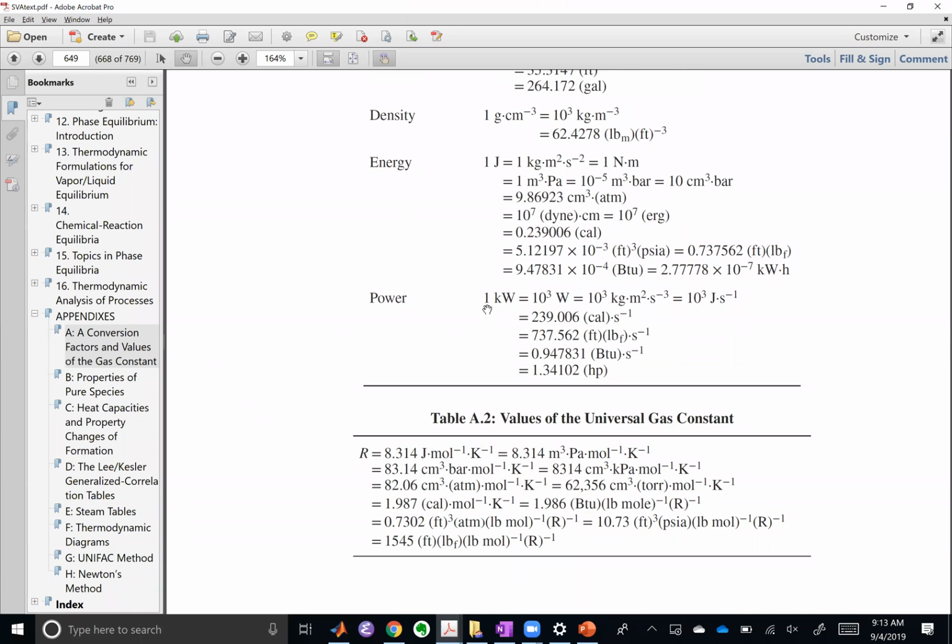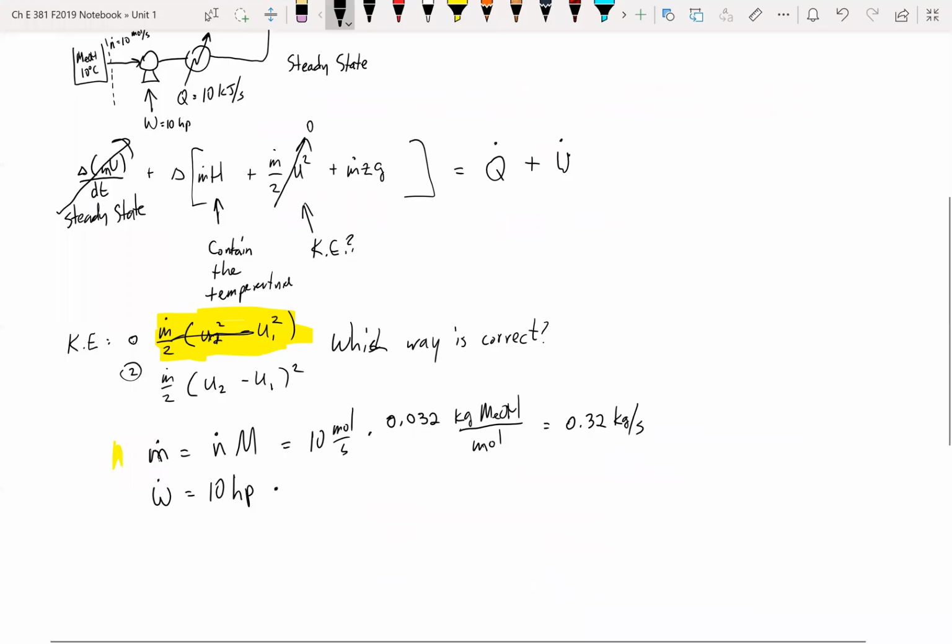All right, so 1 kilowatt is 1.34 horsepower. And so that is going to work out to be 7.48 kilojoules per second.